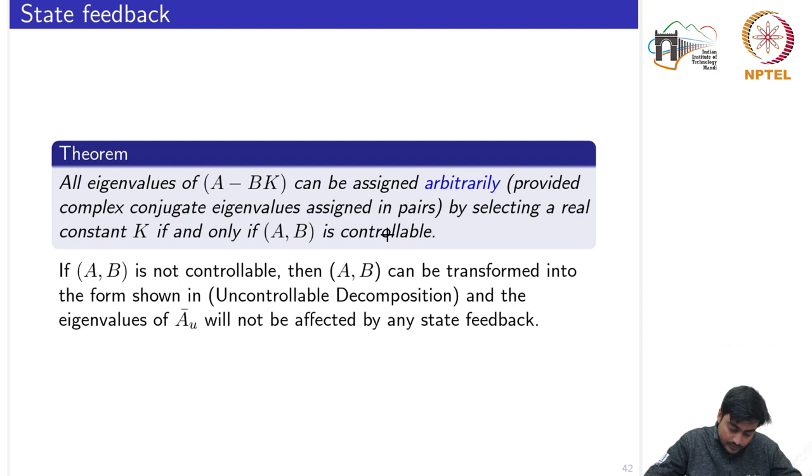We had also discussed that if the pair (A, B) is not controllable, then we can use the uncontrollable decomposition on this pair and extract only the controllable part.